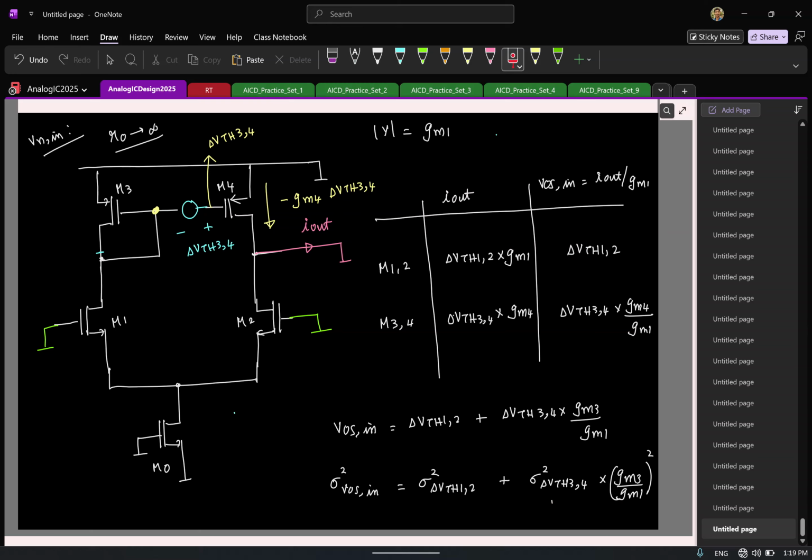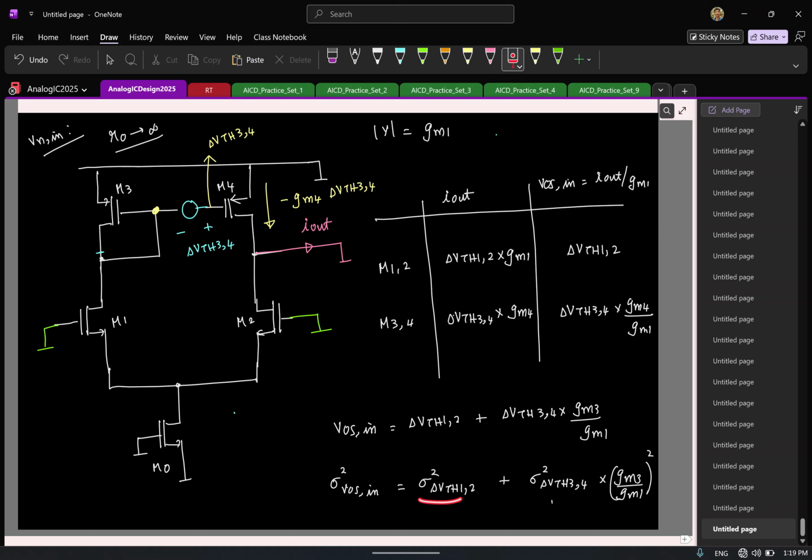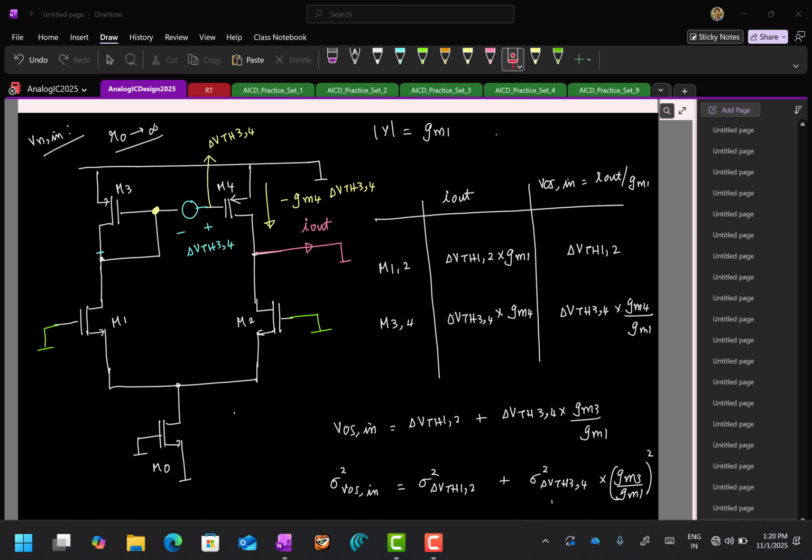As you see, whatever you had for noise happens for offset also. For noise, we had 8kT gamma GM, and the input transistors directly got added. For the other transistor, we had a scaling factor GM3 by GM1. Even for offset, the input transistors directly get added. For the other transistors, you have the scaling factor GM3 by GM1 squared. So yeah, I'll stop here and then we can continue.